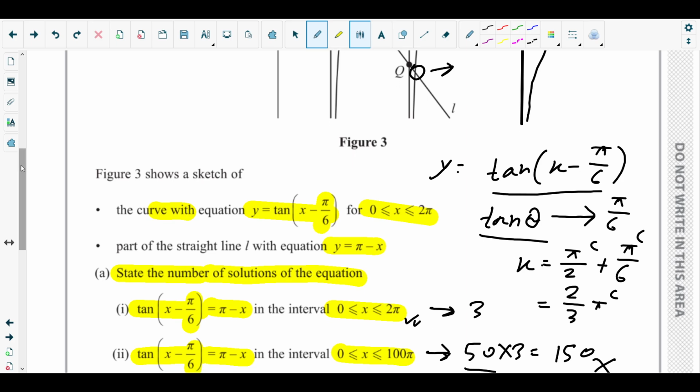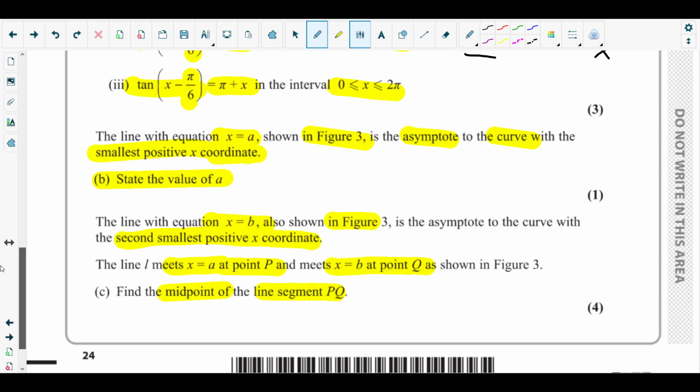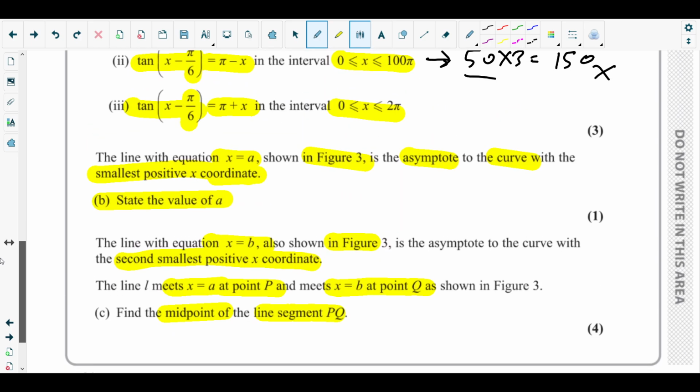To figure that out, first consider the asymptotes in the curve of tan theta. The first vertical asymptote happens at x equals pi over 2, as we dealt with in the previous question. And the second vertical asymptote happens at x equals 3 pi over 2 radian.